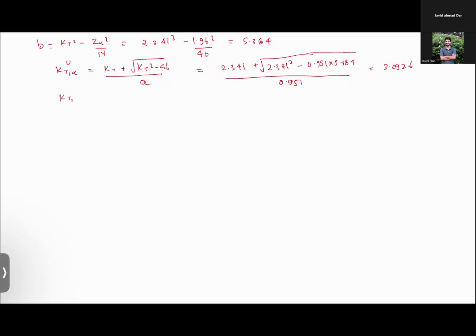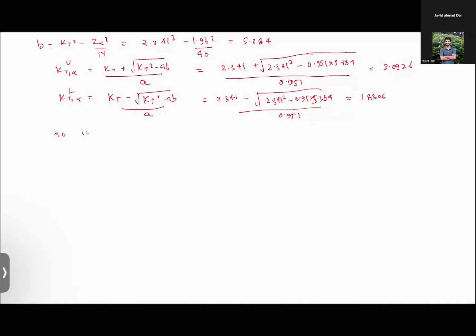And similarly, if you estimate lower value of Kt, the value comes out to be 1.306.